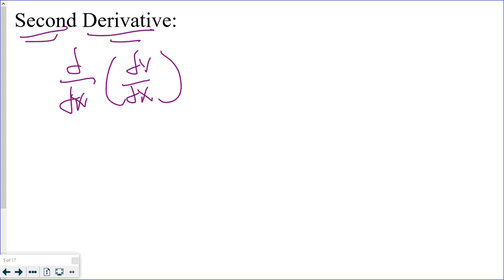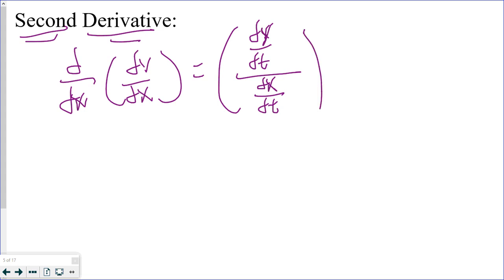It's a weird thing to think about, but it's like saying dy over dx is the same thing as dy over dt divided by dx over dt, and we're taking the derivative of that.